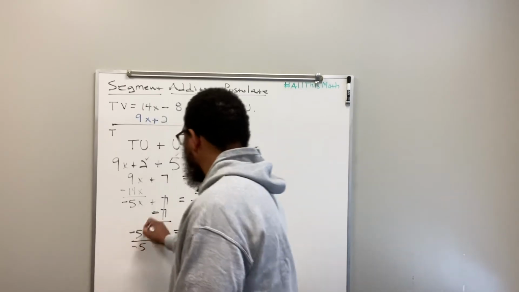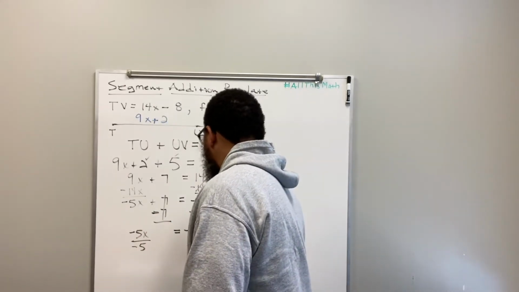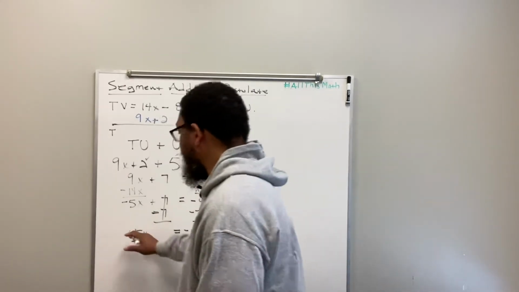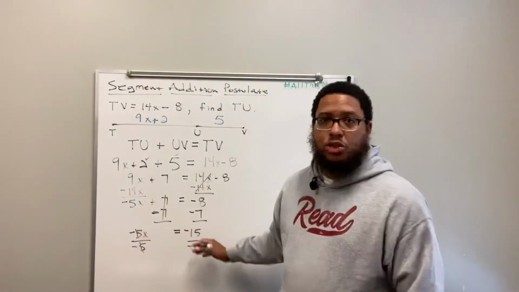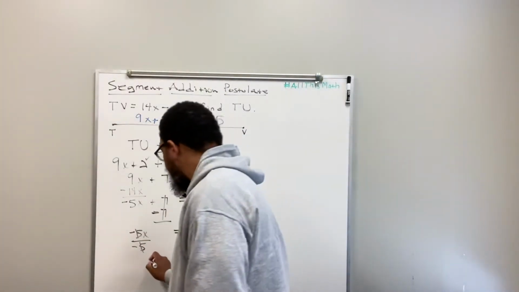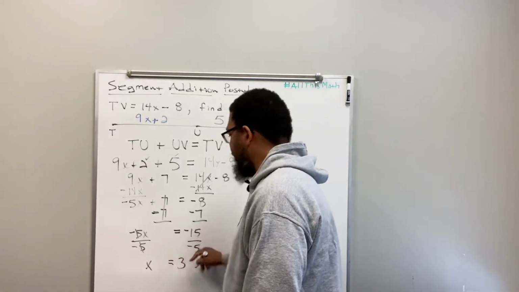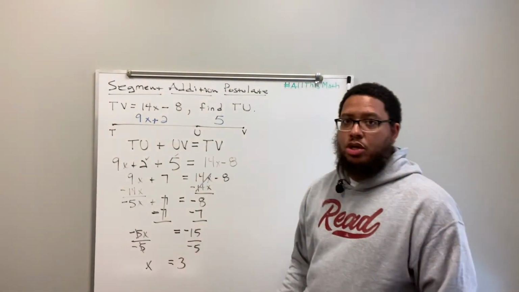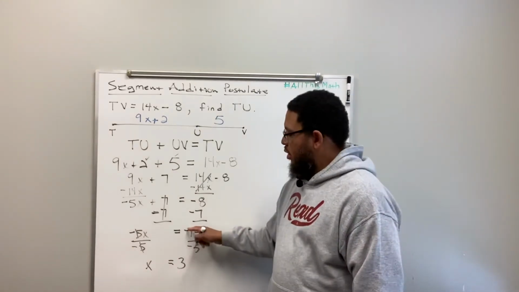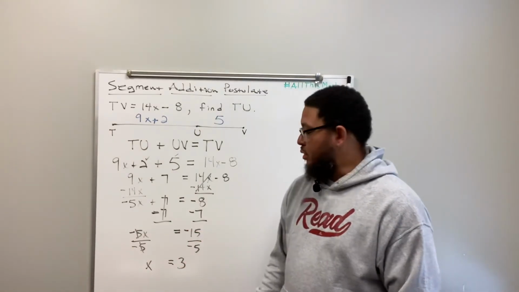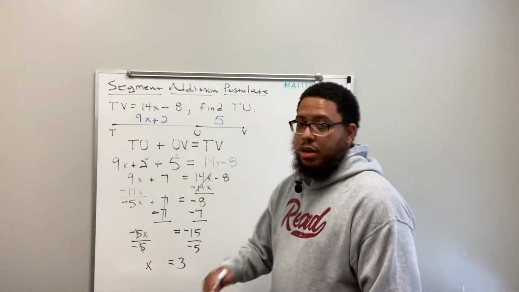So I divide by negative 5 on the left. I divide by negative 5 on the right, because we've got to be fair. If we do it on one side, we've got to do it on the other side too. That's going to give me x. And this is going to give me positive 3, not negative 3, positive 3. Two negatives. In math, two wrongs make a right. Negative divided by negative gives me a positive. So x is positive 3.